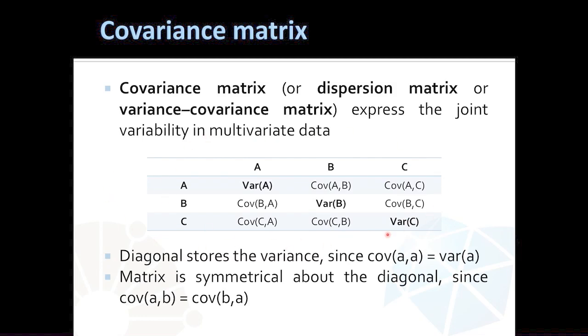The covariance matrix can visually indicate when two of these variables have similar behavior. Some remarks about the covariance matrix. The diagonal of the matrix stores the variance, since the covariance between A and A is the variance of A. The matrix is symmetrical about the diagonal, since the covariance between A and B is the covariance between B and A.